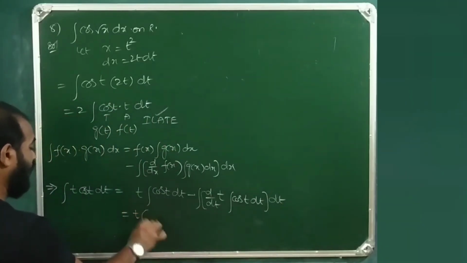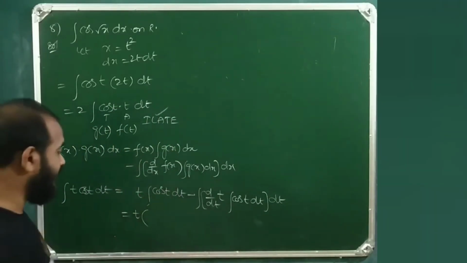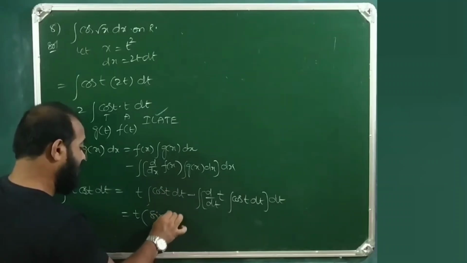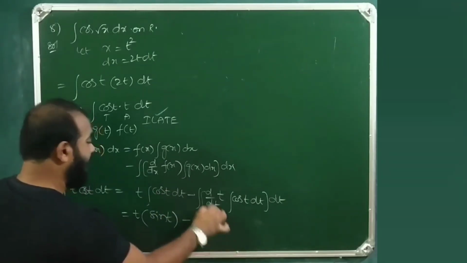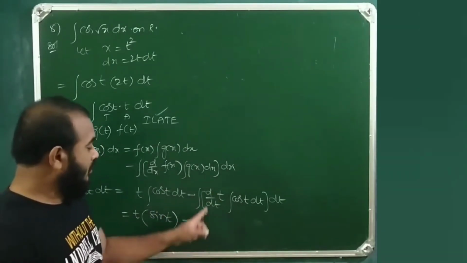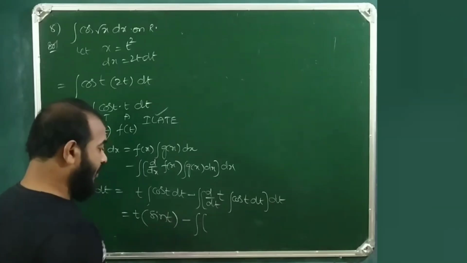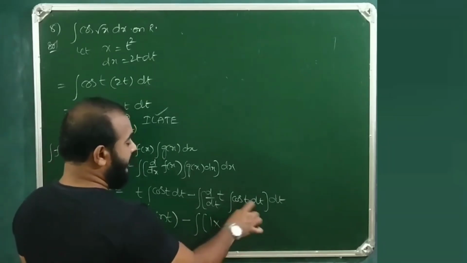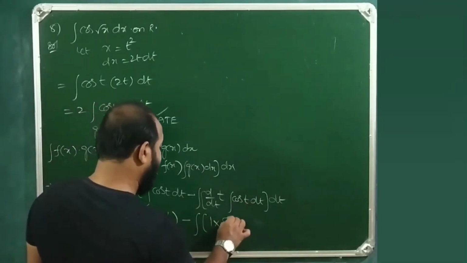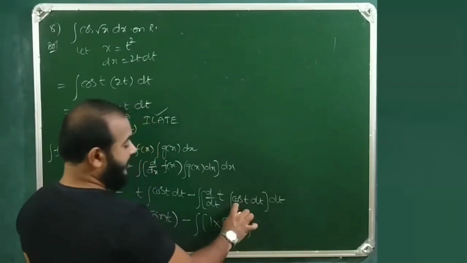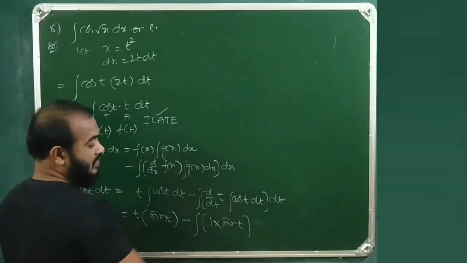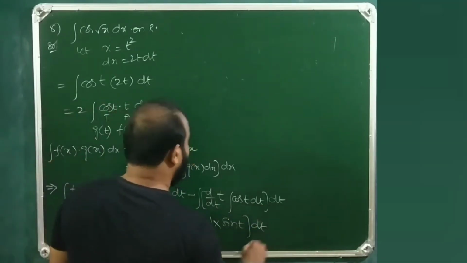So t into integral cos t, which is sin t, minus d by dt of t, which is 1, into integral cos t, which is sin t, dt.